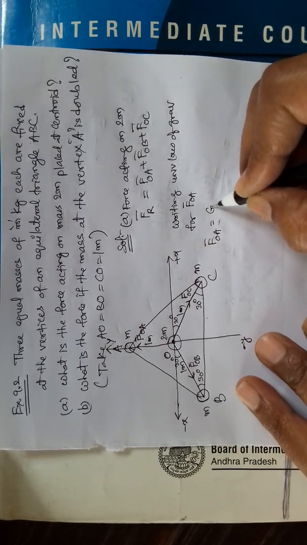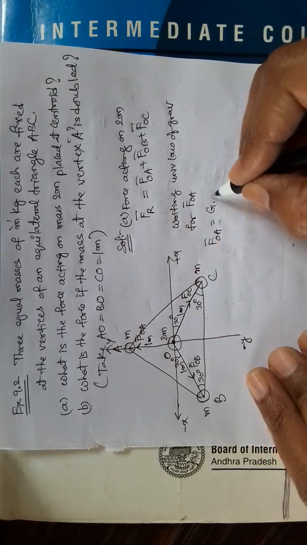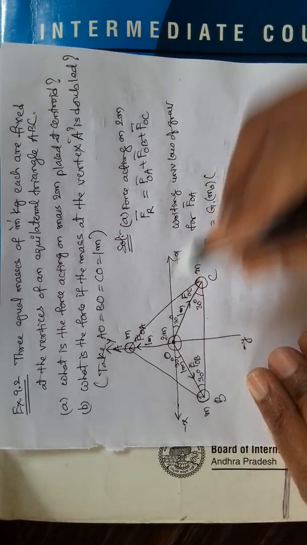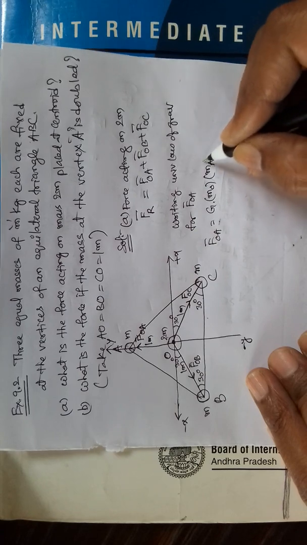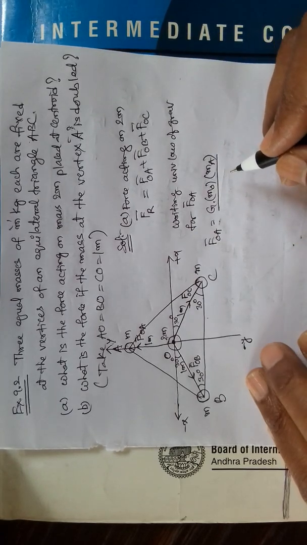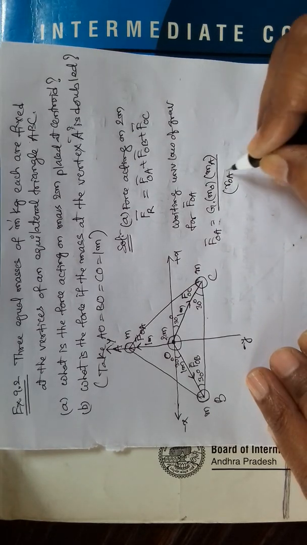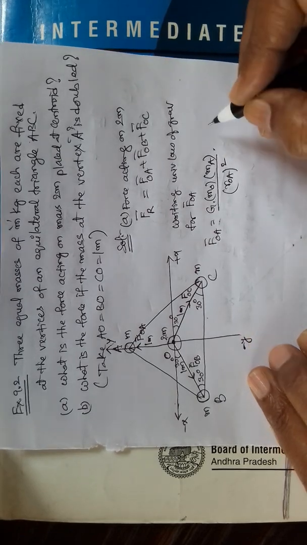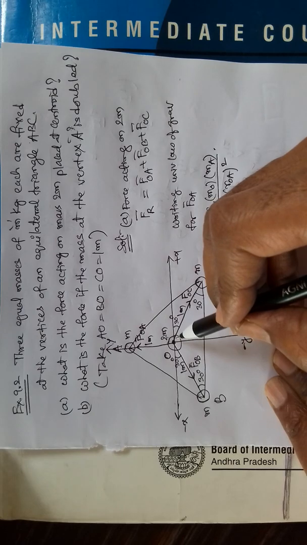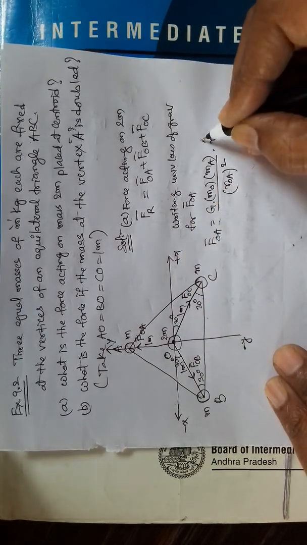FOA is equal to capital G, mass placed at O and mass placed at A, divided by the distance between those two, ROA square, into the force along OA direction, so ROA unit vector.